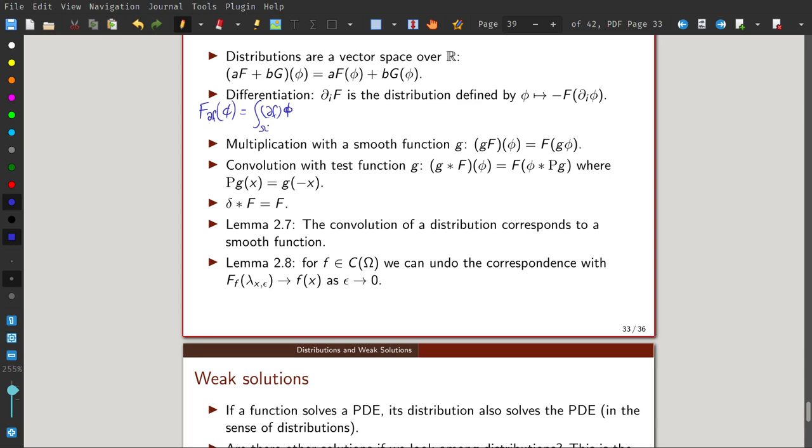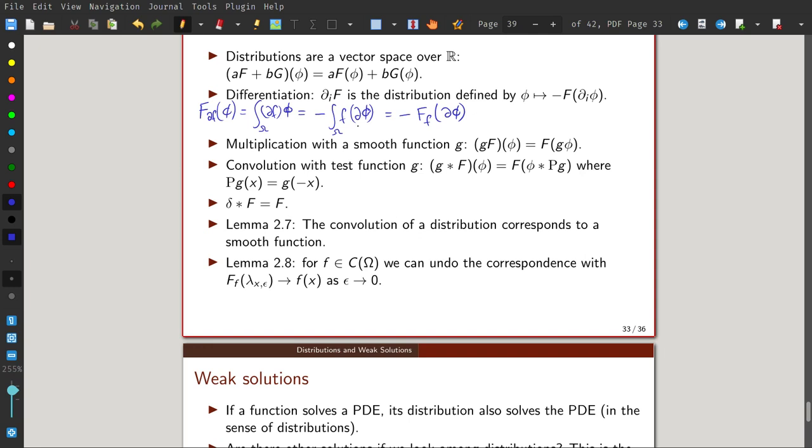Now, because the test function vanishes on the boundary of the domain, we can apply partial integration, the formula that comes from the divergence theorem. Namely, we get negative the integral with the partial derivative now moved to the other factor, over the same domain. So this is partial integration. But what is this? This is nothing other than minus T_f, the distribution associated to f, acting on the partial derivative of the test function.